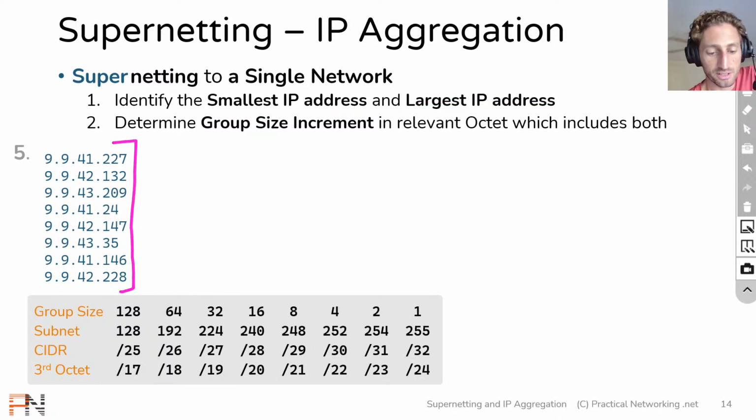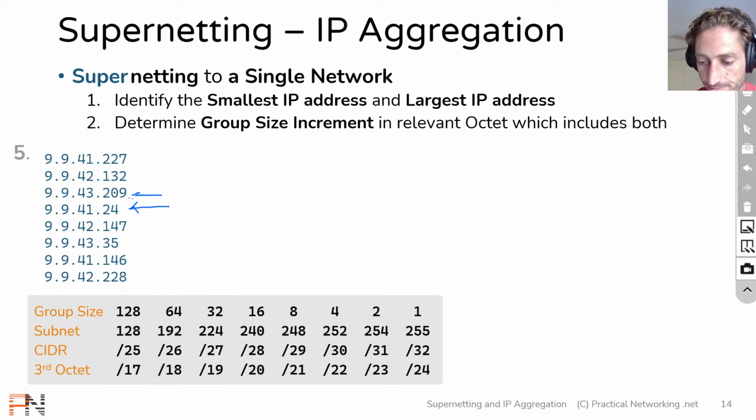So if we're looking at this list in here, the smallest IP address looks like it's going to be this guy. Unless I'm missing something, please point it out in the chat if so. And the largest IP address numerically is going to be 43, the guy right above it. That guy.